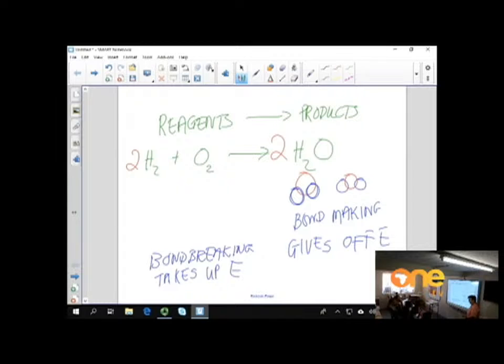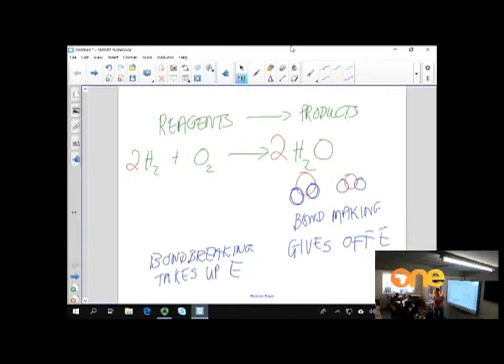All right. Now, we all know a chemical reaction is either exothermic or endothermic. When will the reaction be exothermic? When more energy is given off during bond making than what was used during bond breaking.